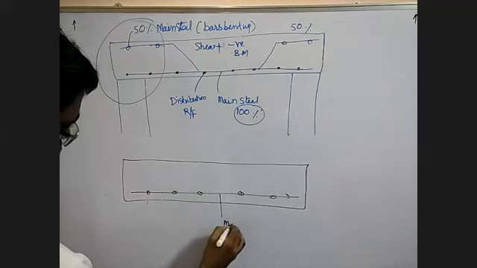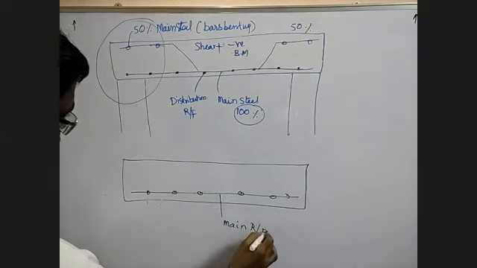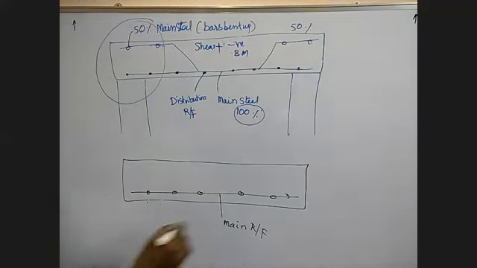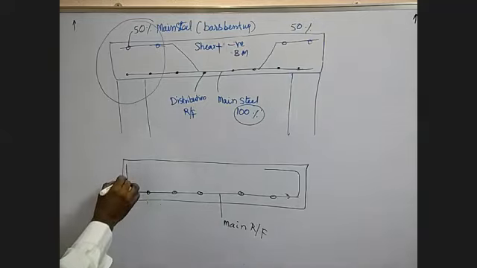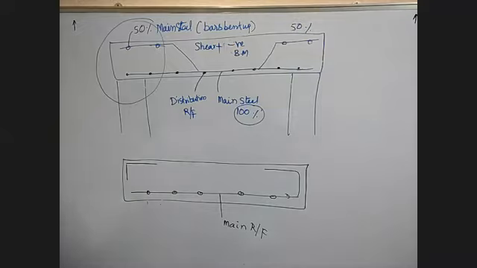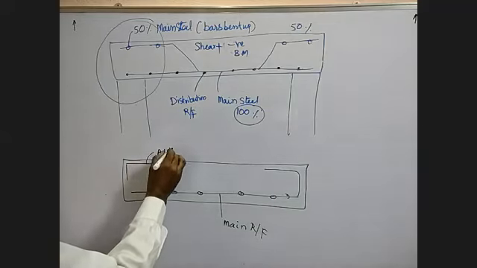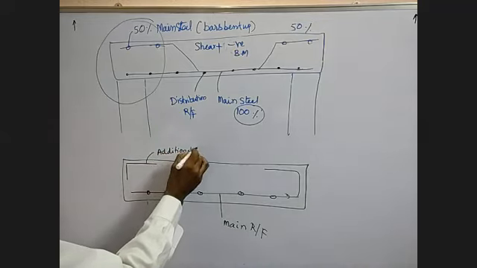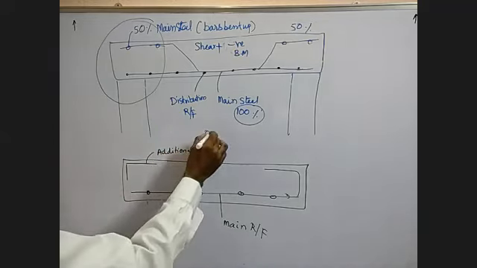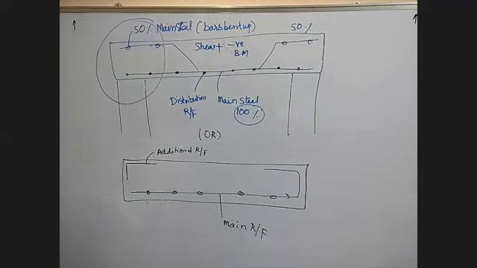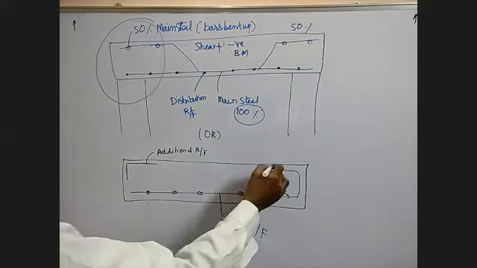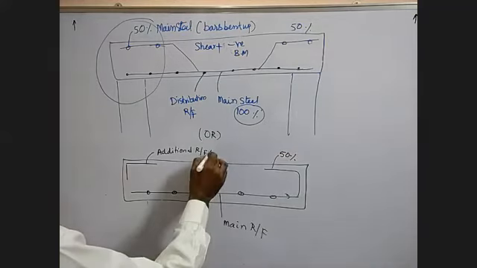This is the main bar, main reinforcement. And of course, you provide additional reinforcement here, 50%. Additional reinforcement, 50%.